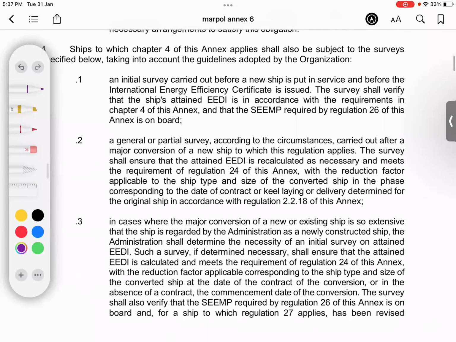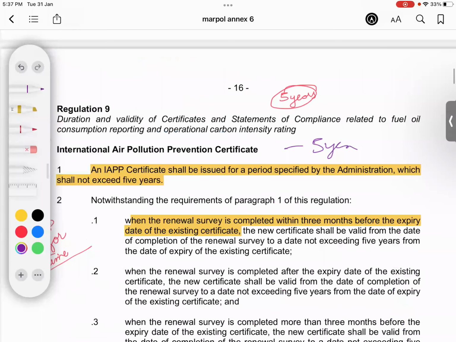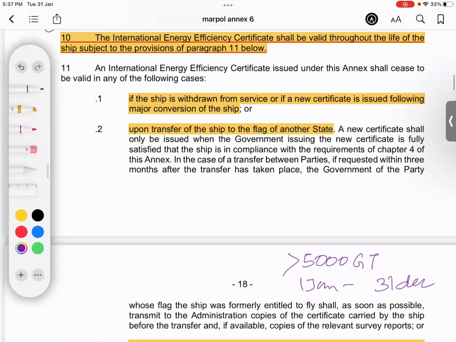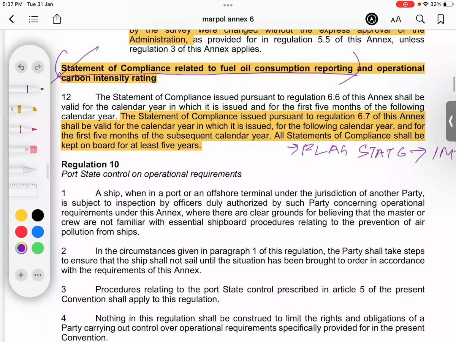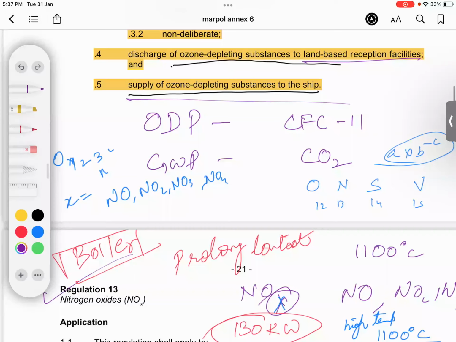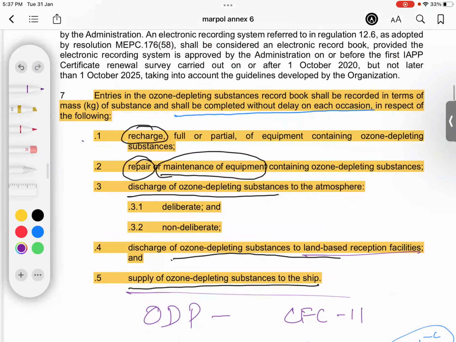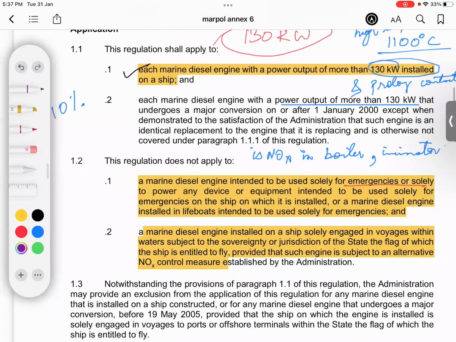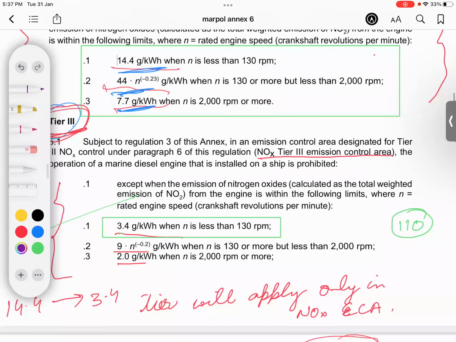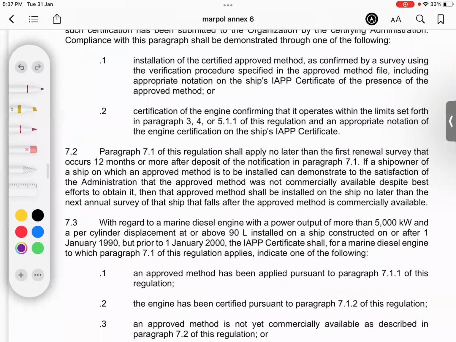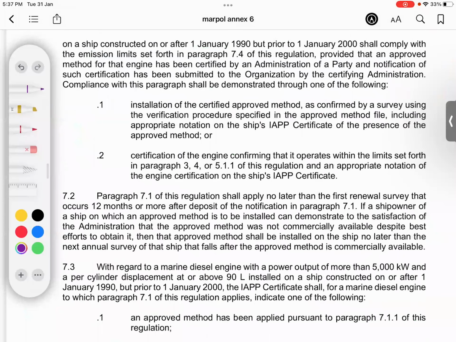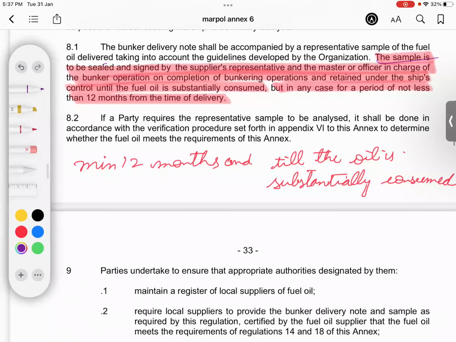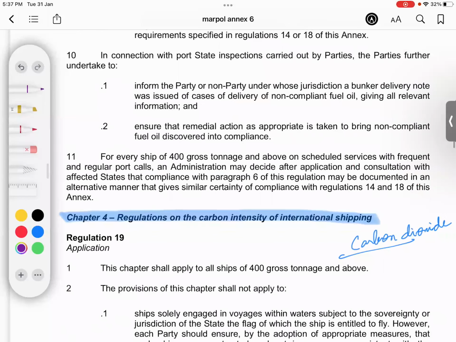Okay, it depends. Now, for what are you calling it a new ship? You might be calling for CLC, ballast water, chapter 4, chapter 3. So it depends on what you are talking about. That is why I don't go into it here. I'll just show you, here in chapter 4 it will be different.